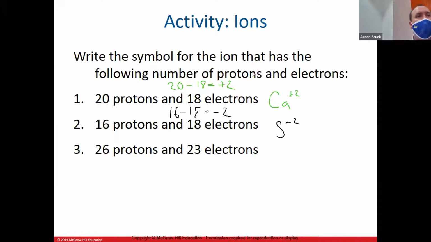And then finally, 26 protons minus 23 electrons would give me a positive 3 charge. 26 protons corresponds to the element Fe. So this is Fe plus 3.